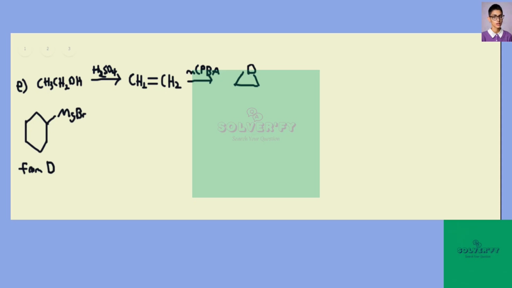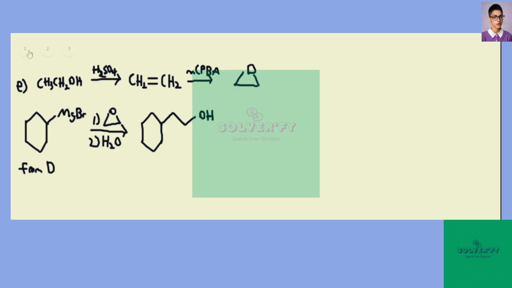Okay, so we can use this cyclohexane Grignard reagent that we made in D, and we can use this oxirane that we just made, and have the Grignard open that ring and then work the reaction up with some water. And that is actually going to get us to our target product here. So 1, 2, and an alcohol. Okay, and there we go.